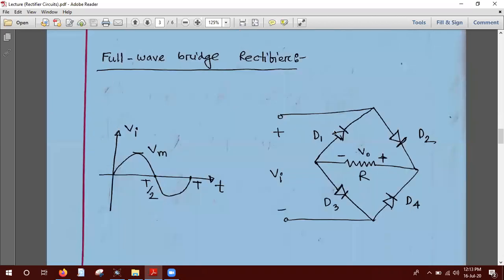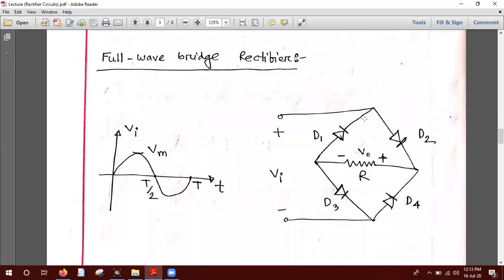The first diode will be the upside, the second diode will be the lower side, the third diode will be the lower side, and the fourth diode will be the upper side. So we have to connect those 4 diodes in the same way. And in the middle, there is the output resistance. And the input voltage is across the 2 terminals of the 4 diodes. So that's how.